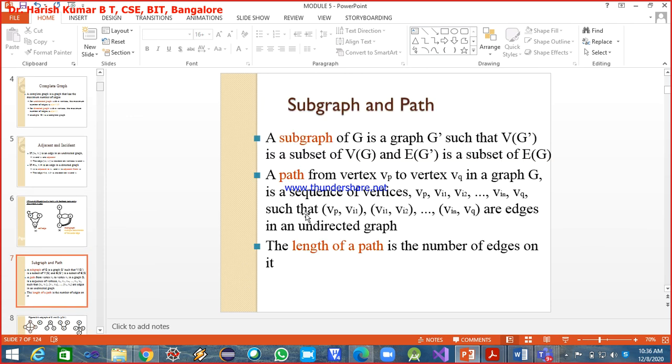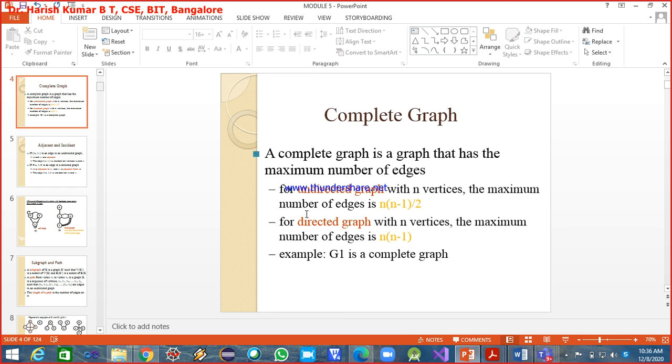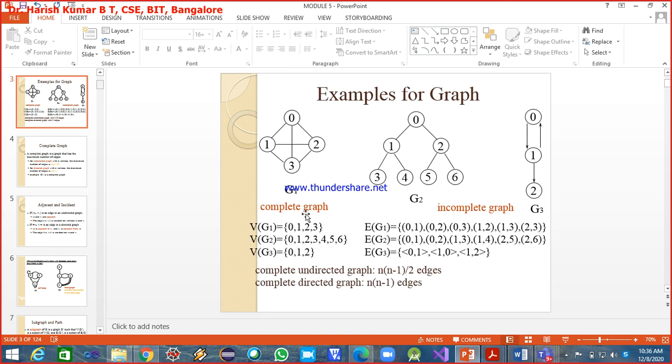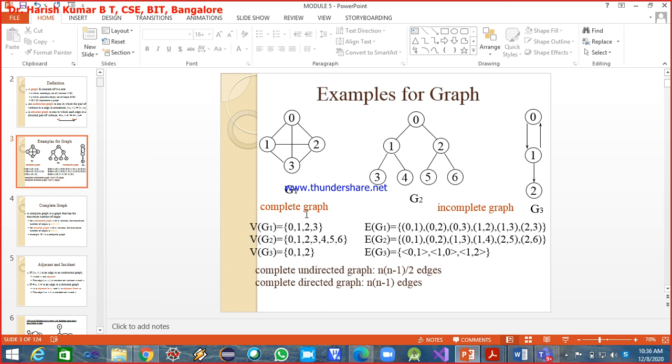Next is subgraph and paths. So till now you understood graph. What is a graph? A graph is basically a collection of a finite set of vertices and a finite set of edges. Then you understood the difference between the undirected graph and directed graph, how an edge is represented in each, and you looked into examples of complete graph, incomplete graph, complete undirected graph, complete directed graph.